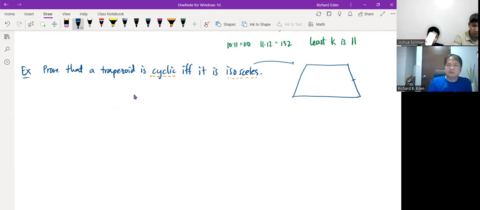Yes. What is the origin of the term isosceles? I don't know. Iso means same, and then the last part, I don't know. Maybe it means sides. Scaly? Yes, okay.